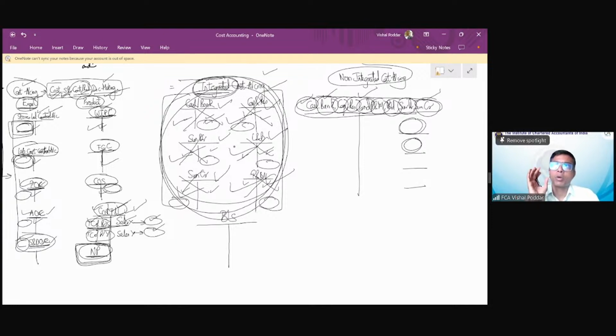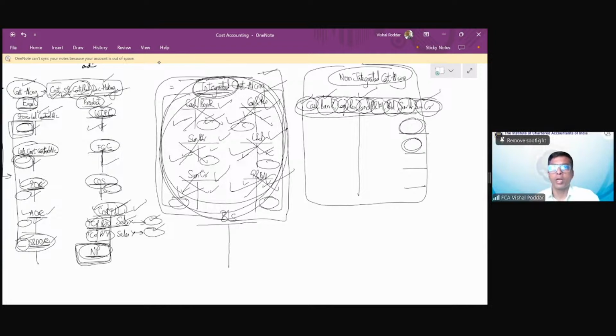So, because I don't need their details separately, I will merge all these accounts into one single account. So what is the difference between integrated and non-integrated? It is only these asset and liability accounts. If you follow the integrated approach, you will have separate asset and liability accounts. If you follow the non-integrated approach, you will have all these assets and liabilities merged into one single account.